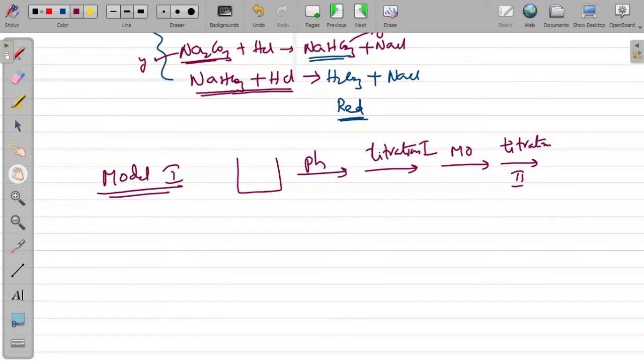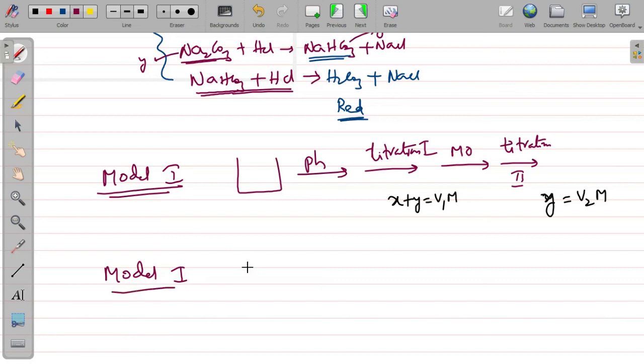In that case, what are the equations? After the first titration, the equation will be X plus Y is equal to V1 into M. After the second titration, Y is equal to V2 into M. Solving these two equations, you will get X and Y. Now model 2: you will take two similar beakers, two similar original solutions.